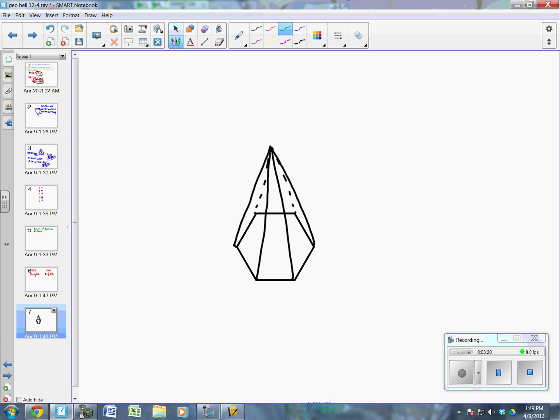I want to find the volume. What am I going to do? I've got to find the base. How do I do that? I've got to find the area of the base. What information do I need for that?